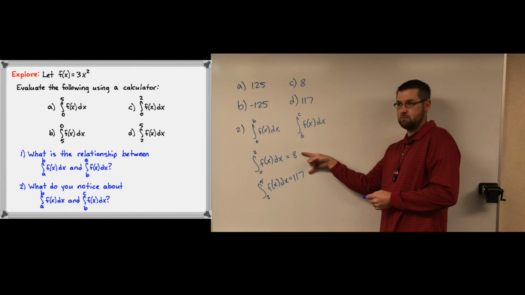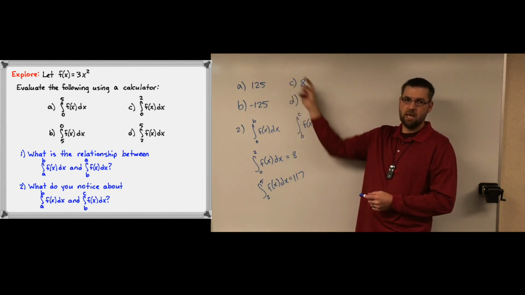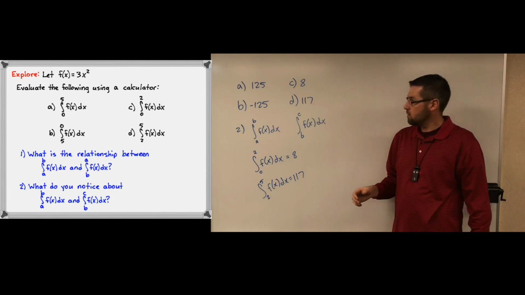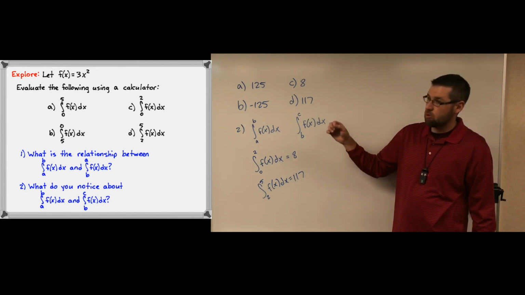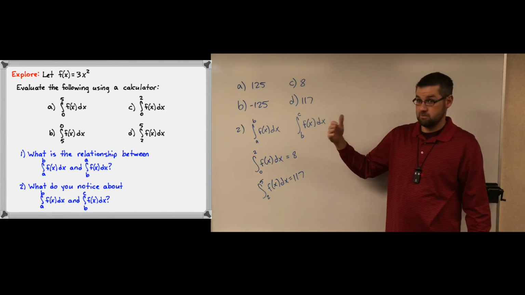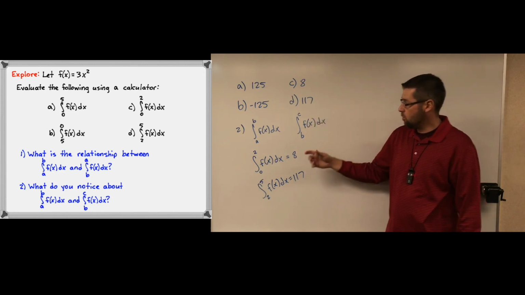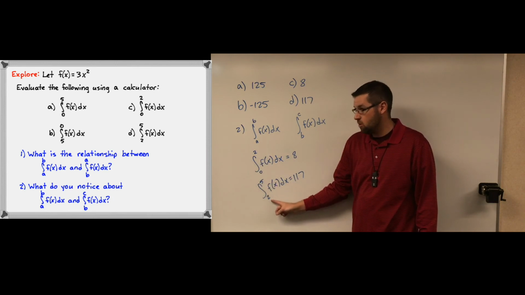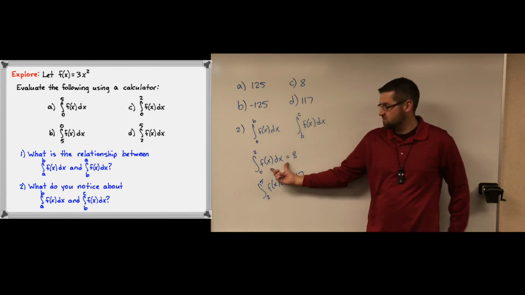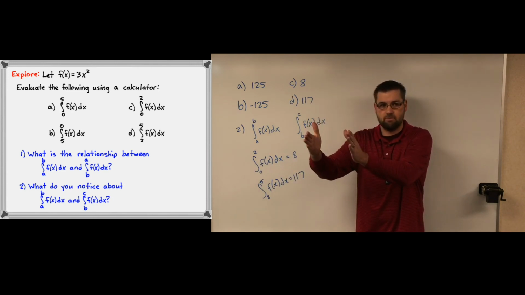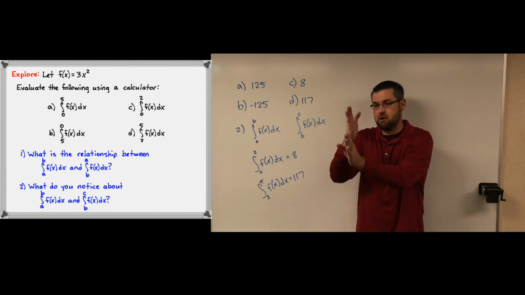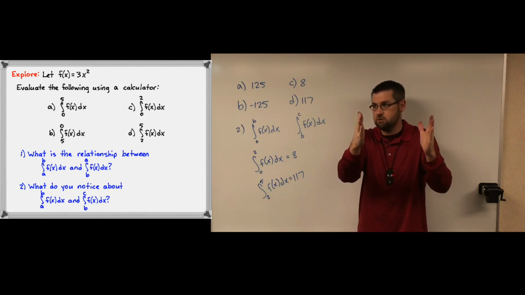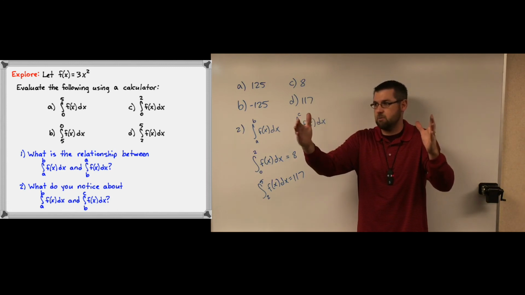If you add these up, you get A. Well, why is that? Because A is the integral from 0 to 5. Or we could say, the upper bound is the same as the lower bound of this guy, so this is finding the area from here to here, and this one is finding the area from there to there. So to find the integral of the whole thing, we just add those up.